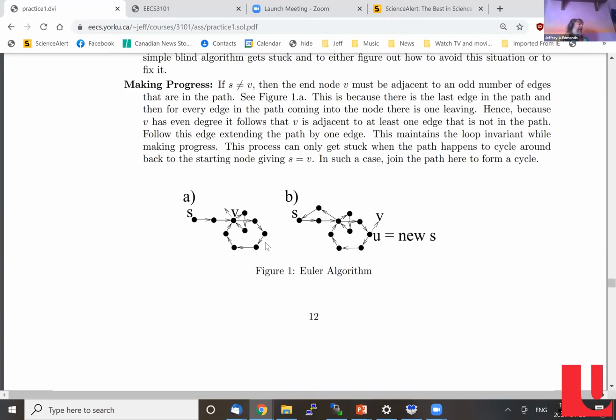So we can say, in fact, our loop invariant can say, no matter what path you have, if where you start and where you end are different, then where you start and where you end are both odd degree in terms of what you've used, and everywhere else is even because you've come and gone, right? Does that make sense? Yeah. Right? But we know that V has an even number of edges.